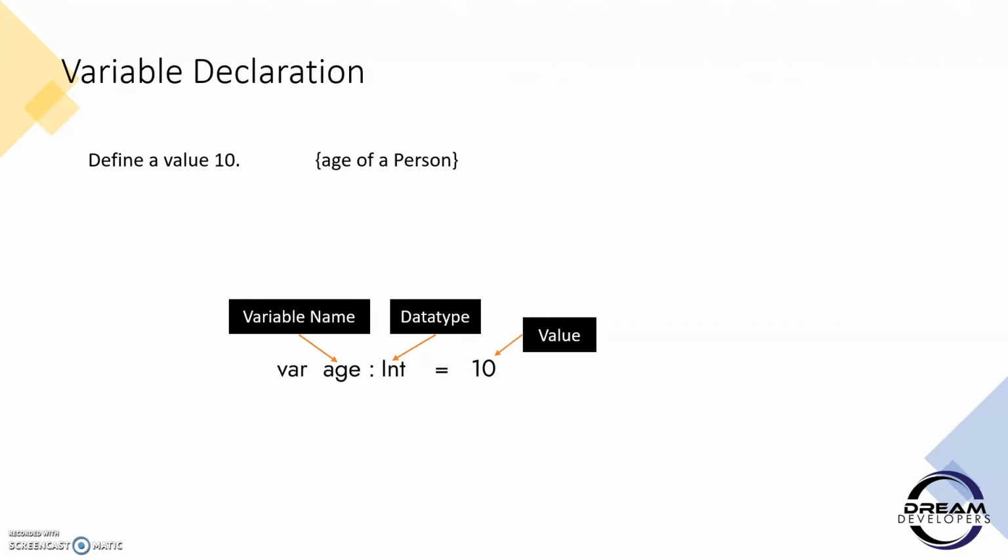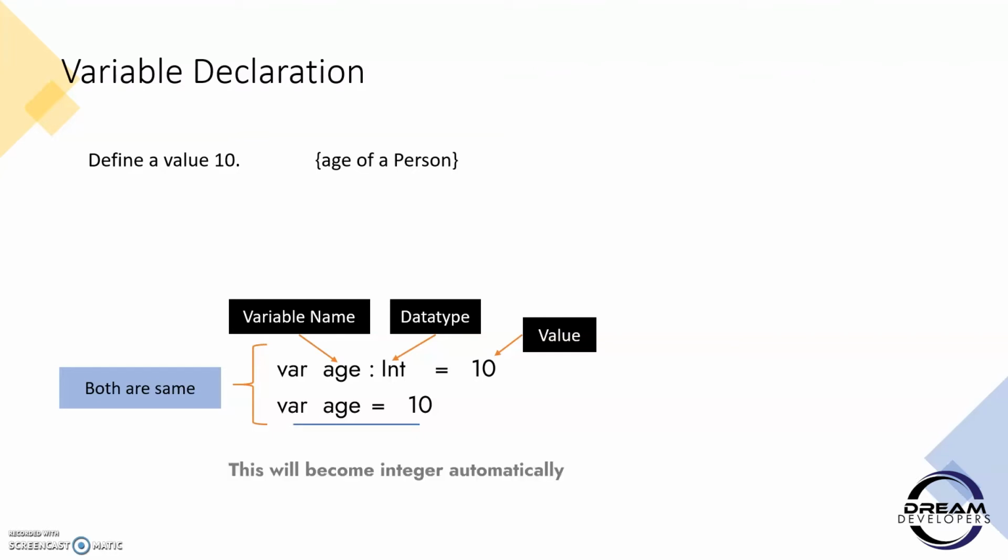In Java, we write int with a lowercase i, but in Kotlin, we write a capital I because in Kotlin everything is an object and there is no primitive data type. We can also declare a variable without the data type, like var age = 10. These both are the same and age becomes an integer automatically depending on the value.